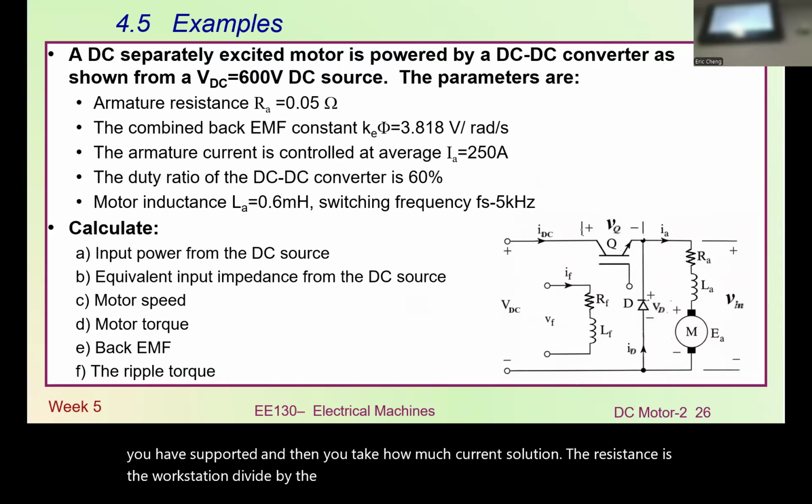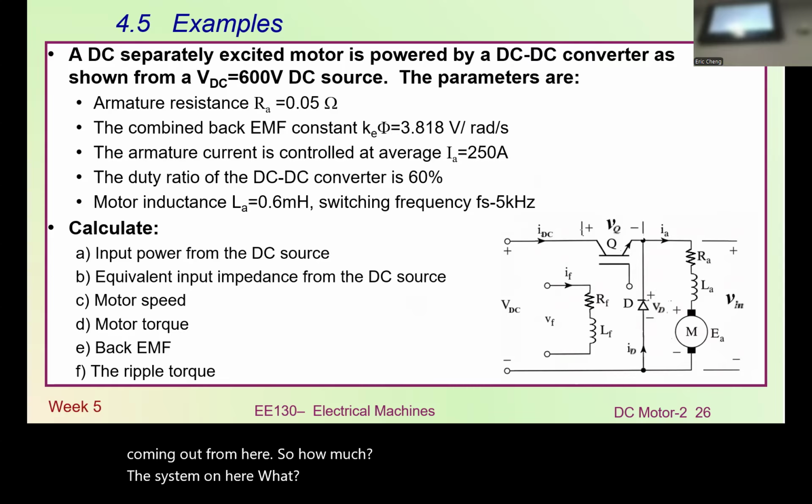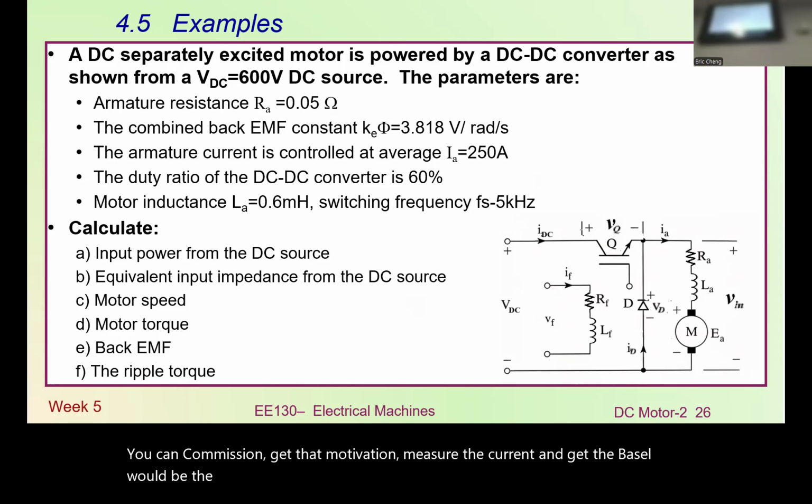So for that DC source, there's some current coming out from here. You measure the voltage, measure the current, and the ratio will be the impedance you can see. That means the whole thing looks like a resistance. So that's how we calculate the input impedance.